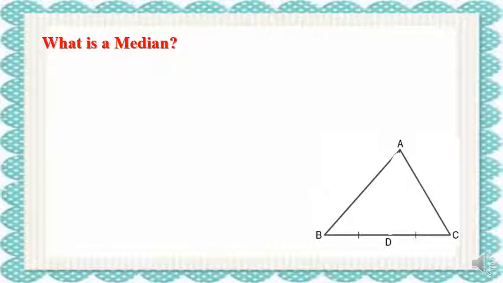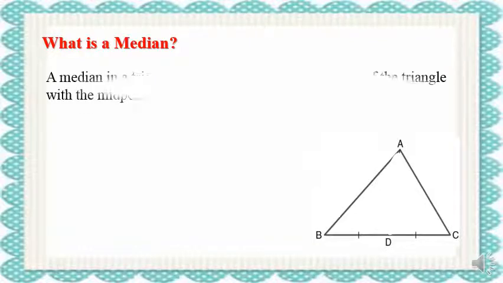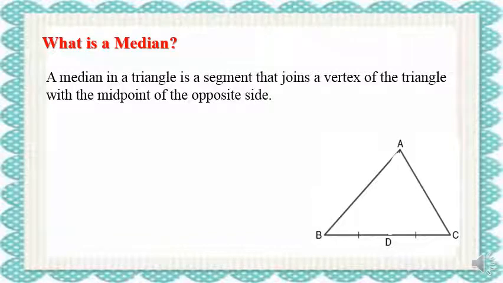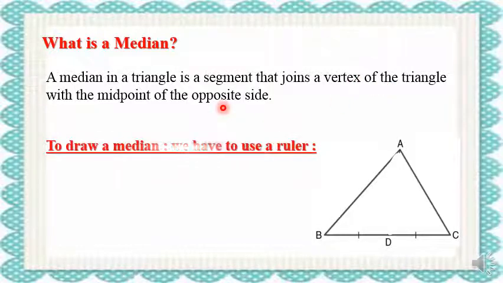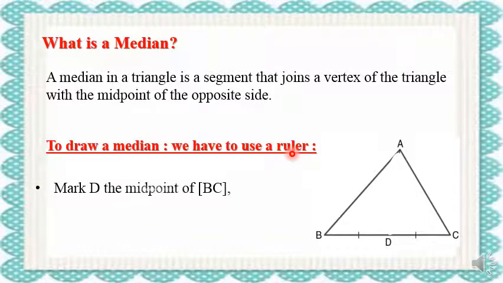Now, what is a median? A median in a triangle is a segment that joins a vertex of the triangle with the midpoint of the opposite side. To draw a median, we just need a ruler to find the midpoint. How to draw it?